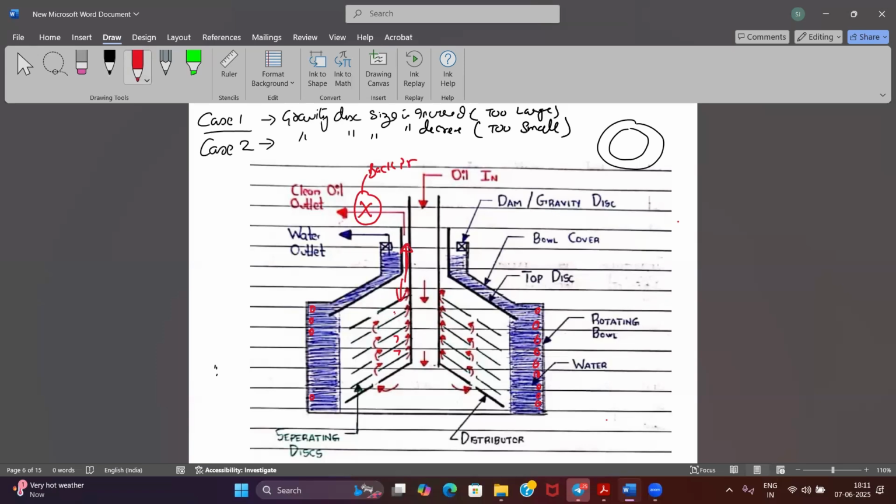So my oil will push the interface where? Outwards. And there are chances that oil will go from your water side. Again, your overflow. Agreed?